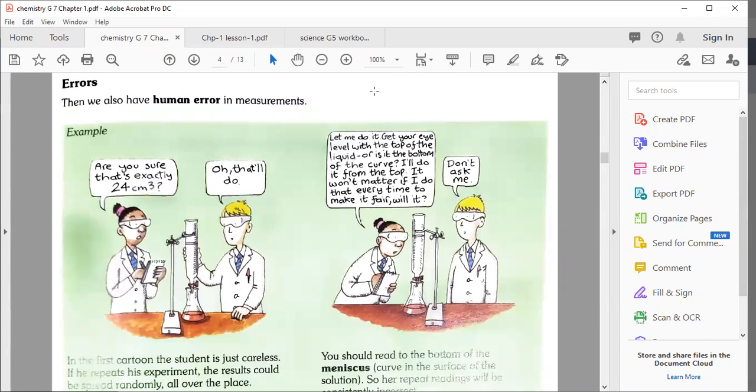What is an error? It's very easy to understand. Error, you can say, is any mistake or something wrong. Then we also have human error.